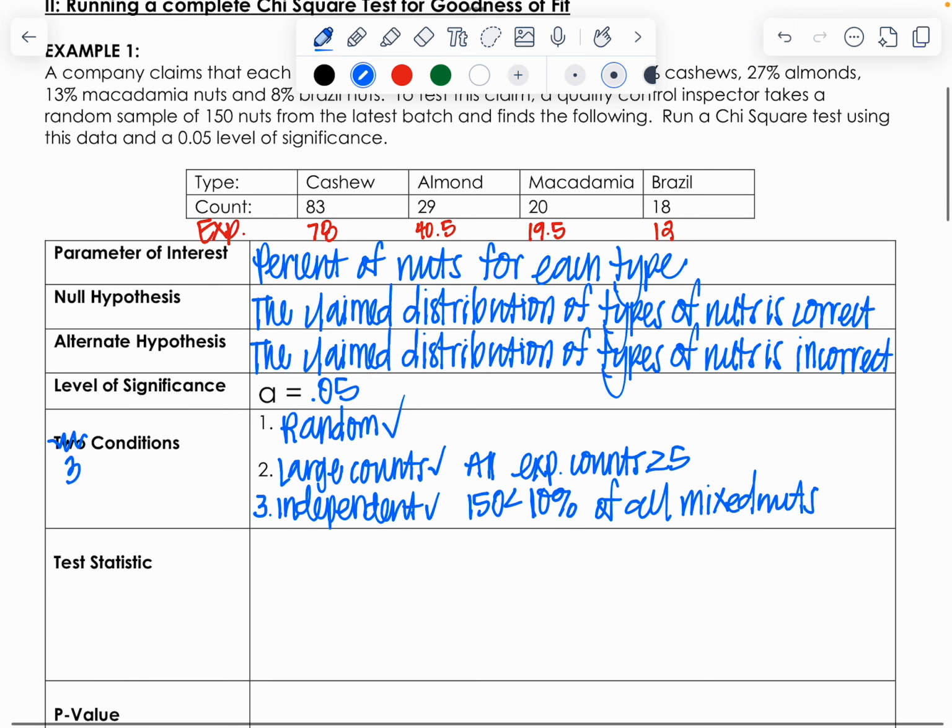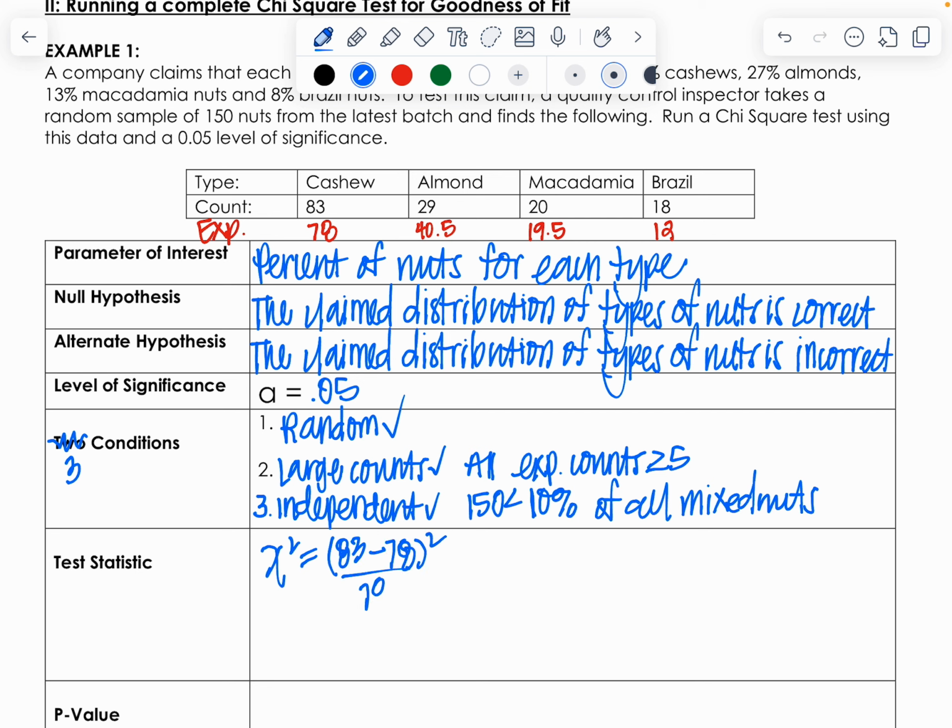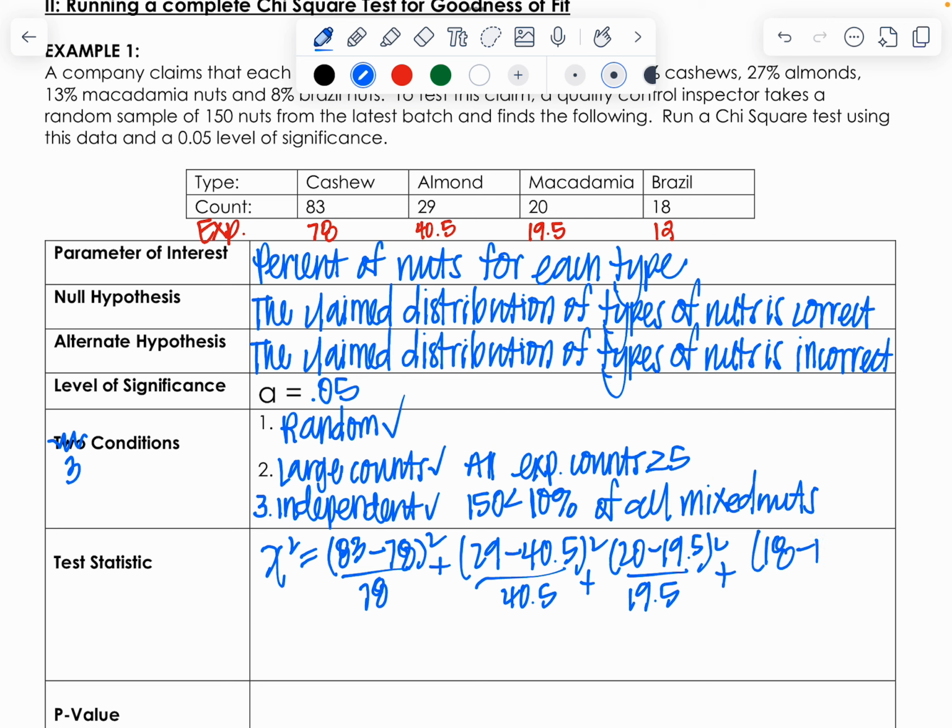All right, now we find our test statistic. Remember, that's a chi-square value. And that's where we do the observed, 83, minus expected, squared over expected. 29 minus 40.5, that one was way off. 20 minus 19.5. And 18 minus 12.